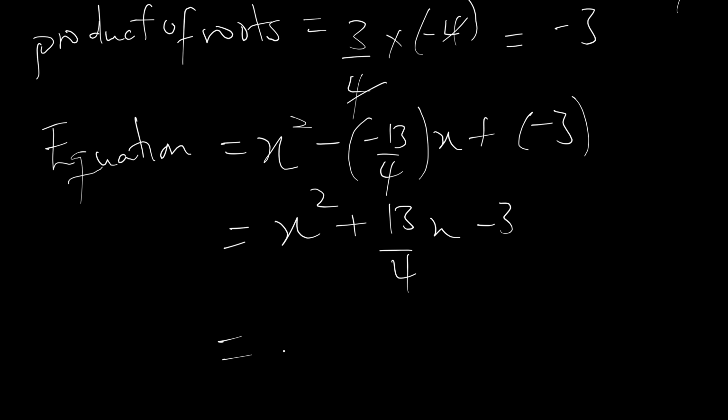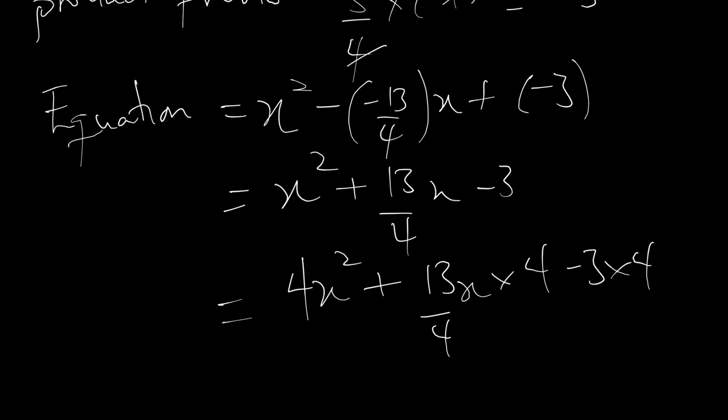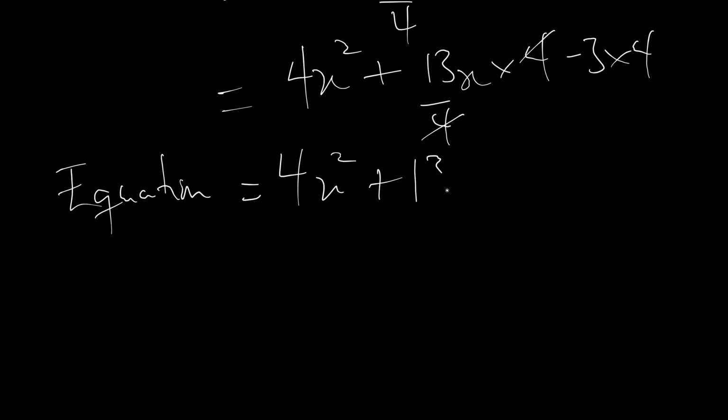So our equation becomes 4x squared plus 13/4x times 4 minus 3 times 4. So our equation will be equal to 4x squared plus 13x minus 12. This brings us to the end of question 12B.